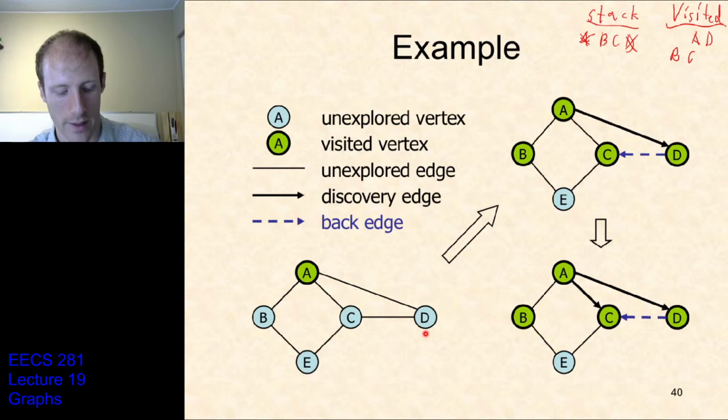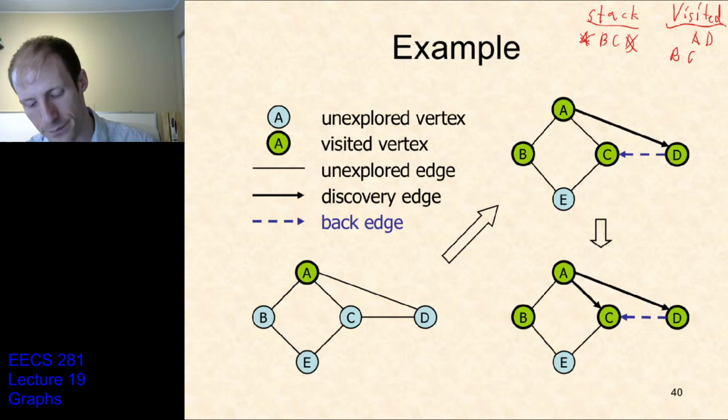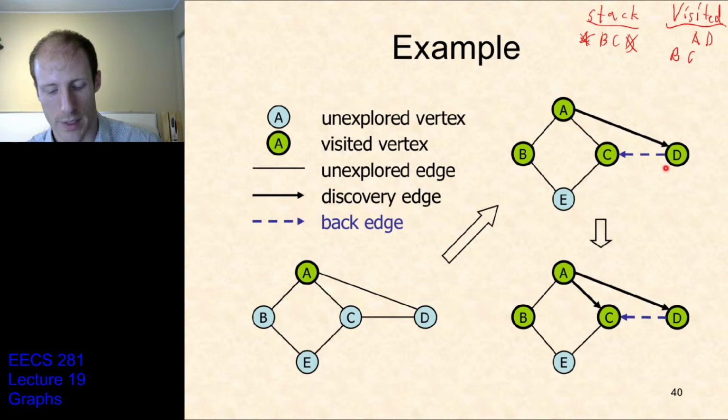So now when we look at the neighbors of D, the two neighbors of D are C and A, but they're already visited. So you can see here, we've marked this with this dashed line to show that we would go from D to C, except that it has already been visited.